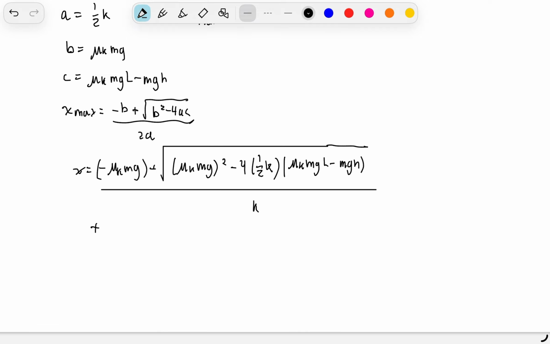And you're going to choose the positive root because our compression distance cannot be negative.